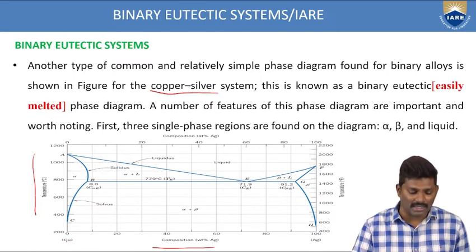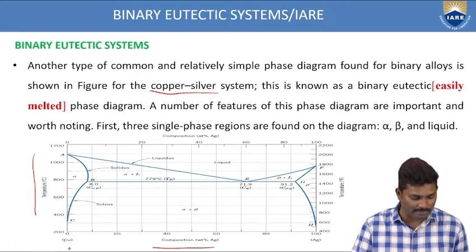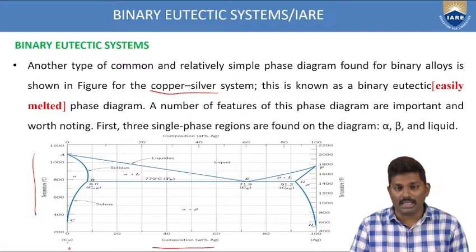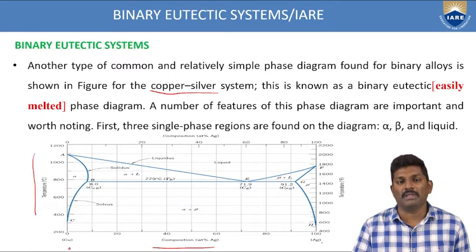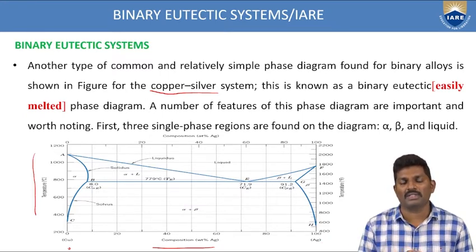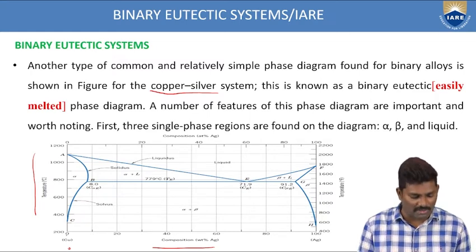That means the silver should be 100%. Similarly, at this point your silver is 100, that means copper is 0. Wherever you see, the total composition of these two should be 100. That means if the copper starts with 0, the silver should be 100.